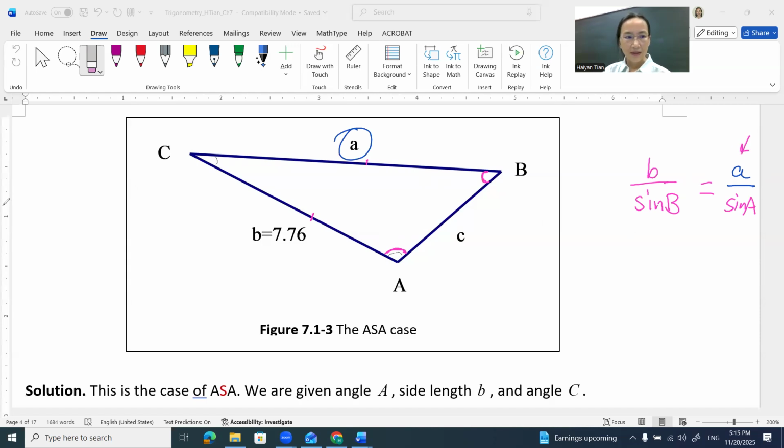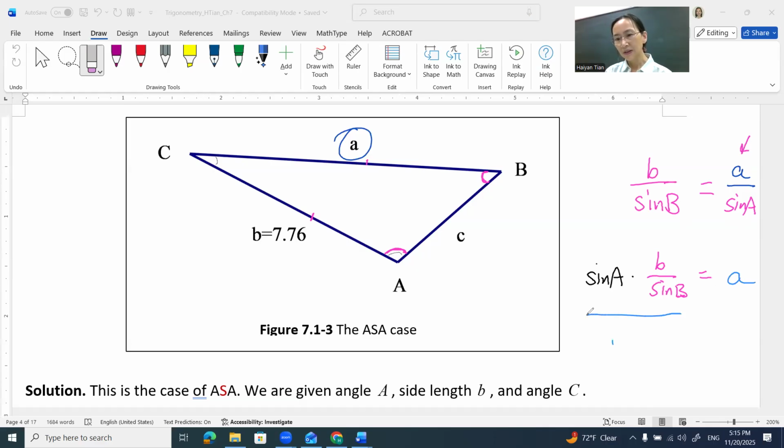So how do we find it? Just multiply both sides by sine A. If we multiply both sides by sine A, then the right-hand side, b over sine B, is multiplied by sine A, and it will cancel with the other sine A on the left, so you have only the lowercase a.